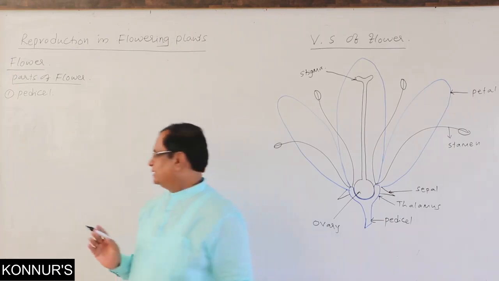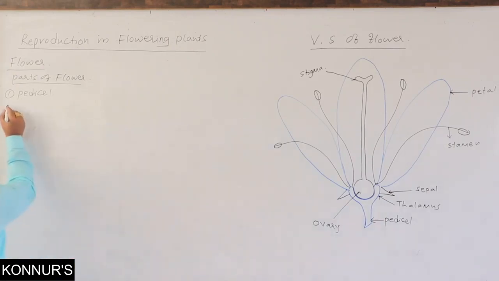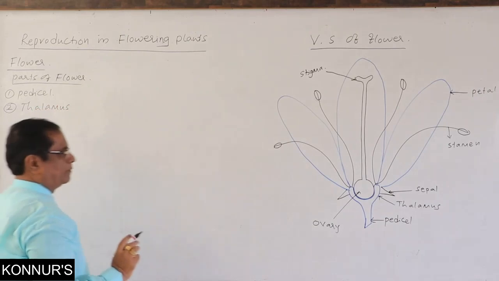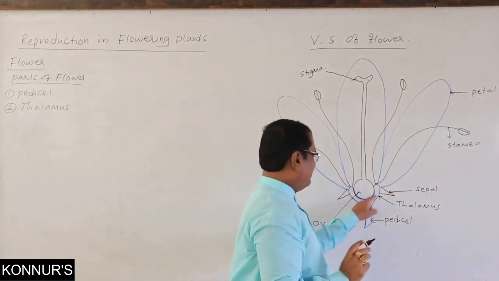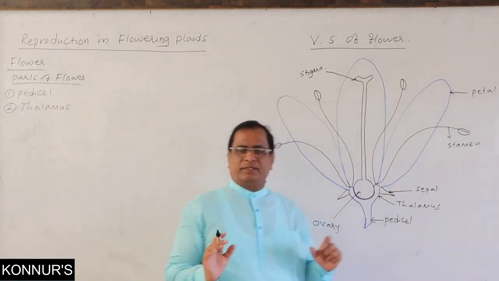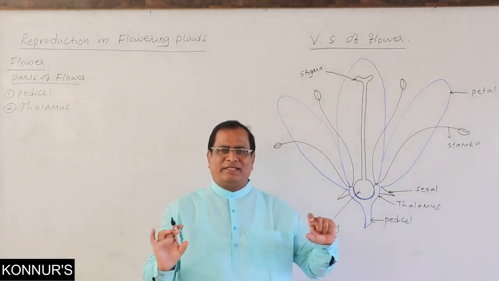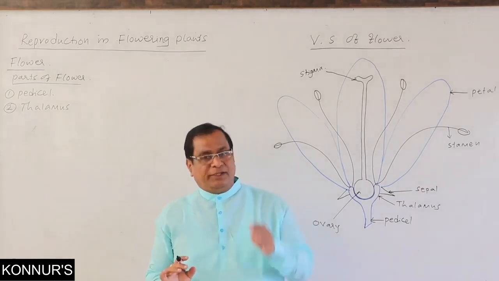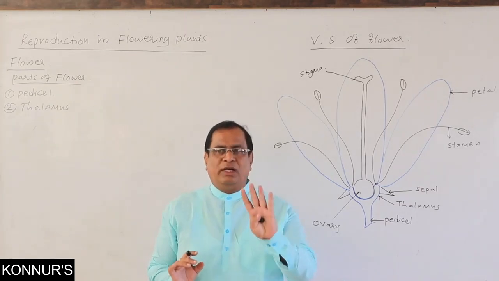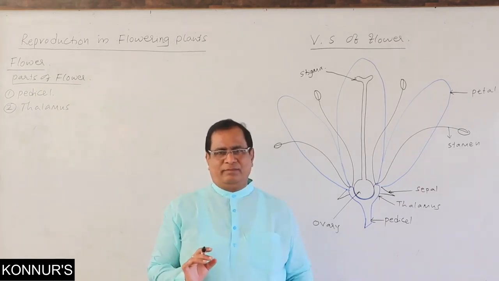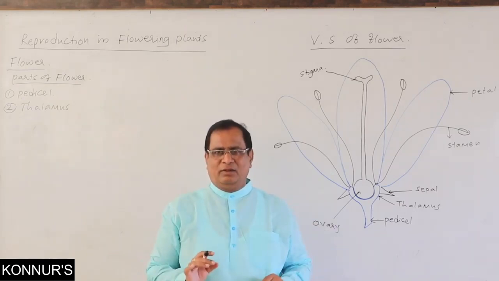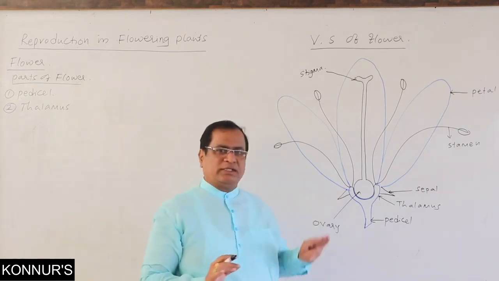And the next part is thalamus. Thalamus is a floral axis on which the four whorls are placed.